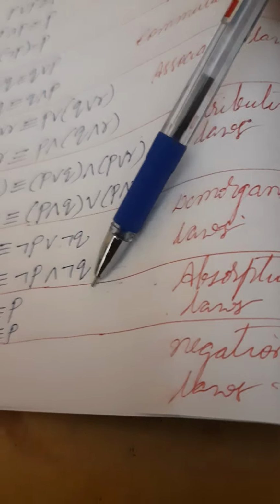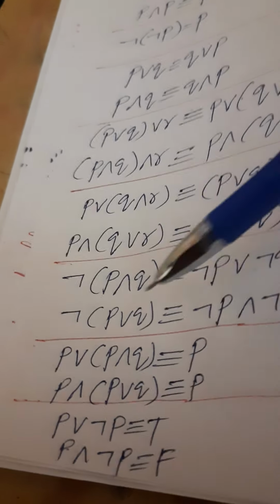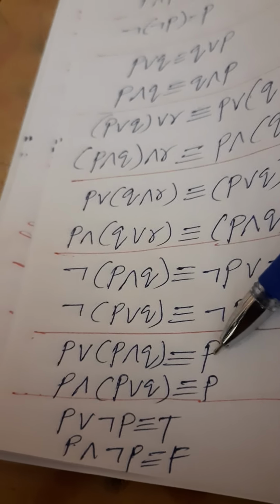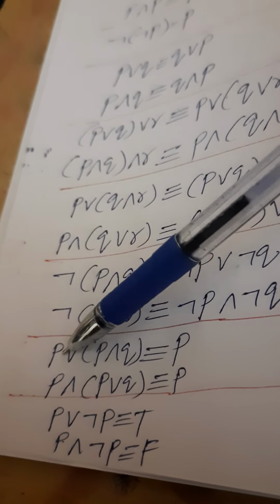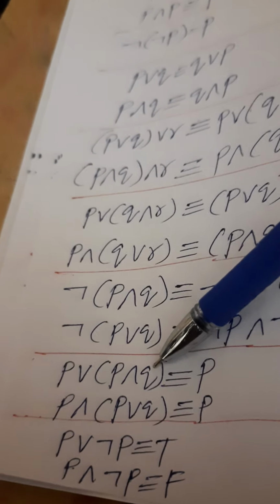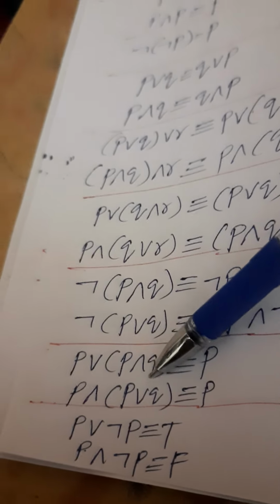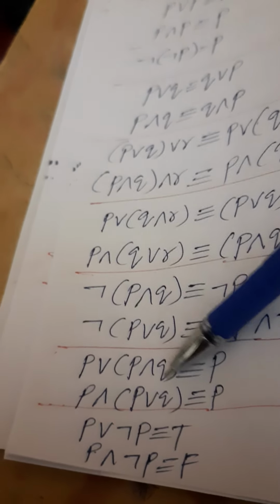Okay, next one is absorption laws. What is absorption law? P or P intersection Q is always equal to P. How will I show it? Suppose we take P is equal to 0, Q is equal to 1. 0 or 0 into 1. 0 into 1 means 0. We are getting 0 only.